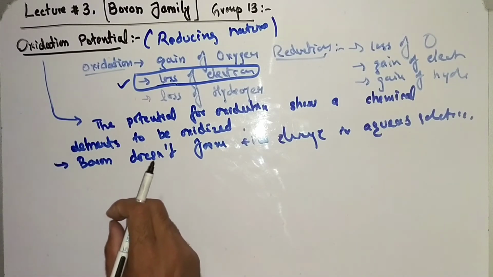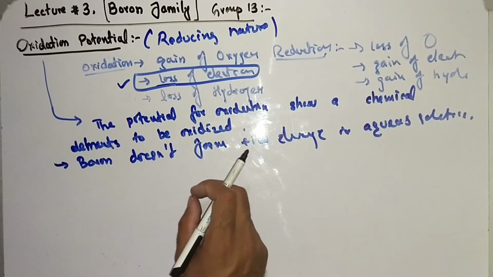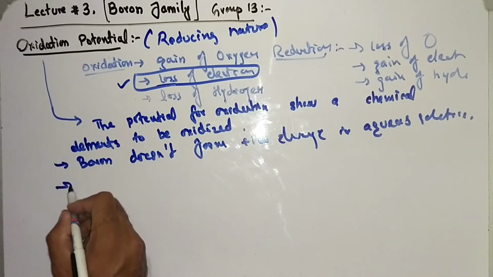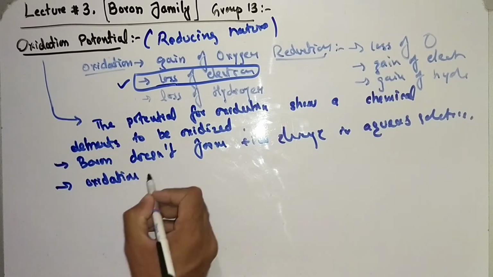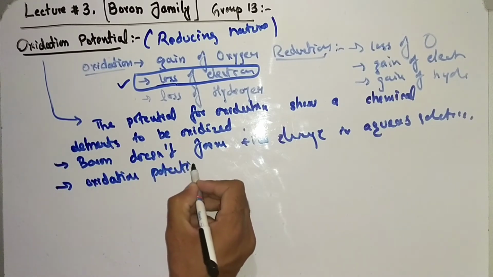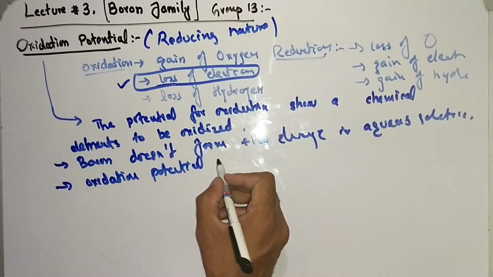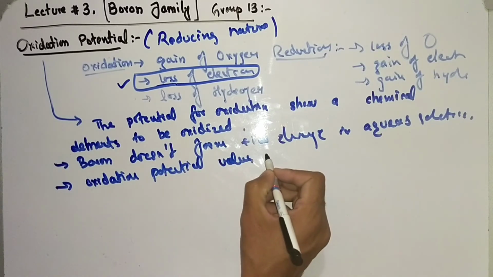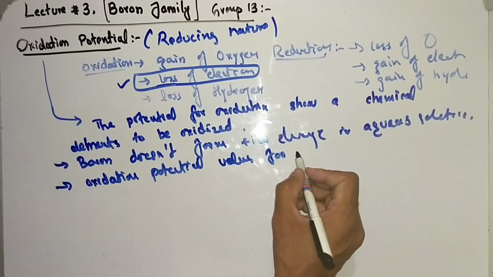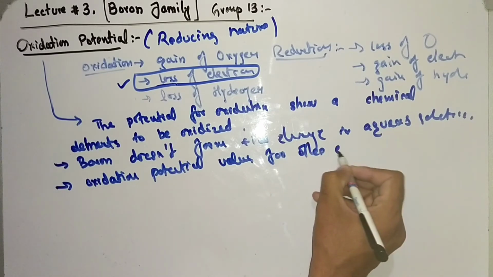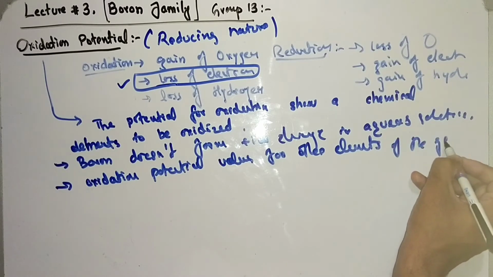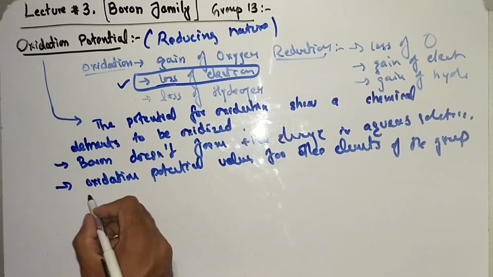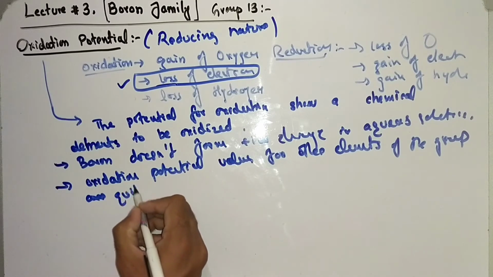The oxidation potential values of other elements of the group are quite high. Why quite high?